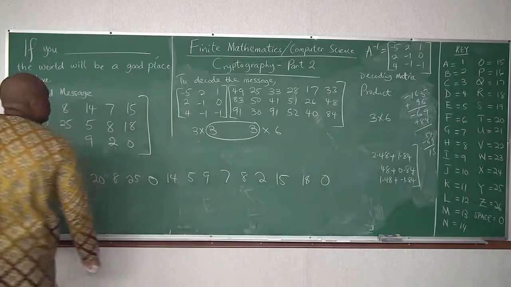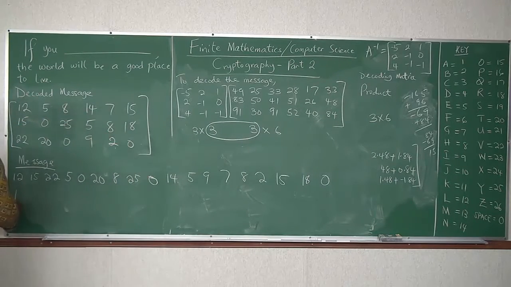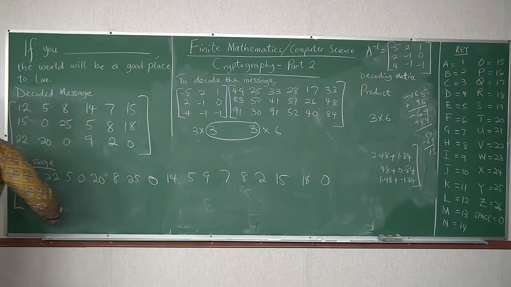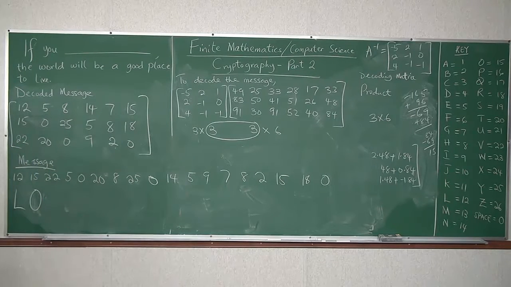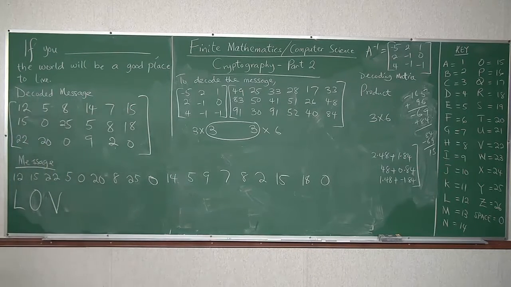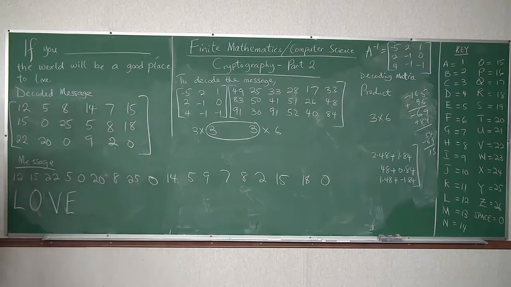So 12 is what? 12 is L. 15 is O. 22 is V. 5 is what? E. Love. 0 is space.